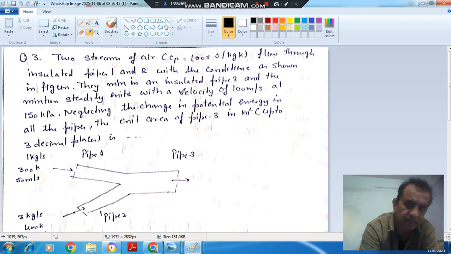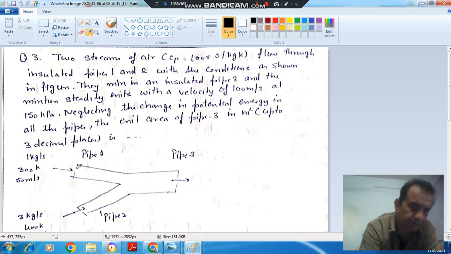They mix in an insulated pipe 3, and the mixture steadily exits with a velocity of 100 meter per second at 150 kPa. Neglecting the change in potential energy in all the pipes, the exit area of pipe 3 in meter square up to 3 decimal places is.